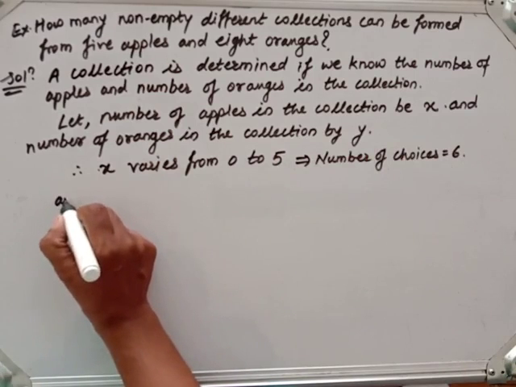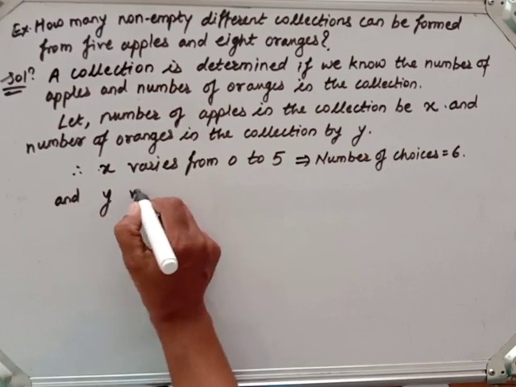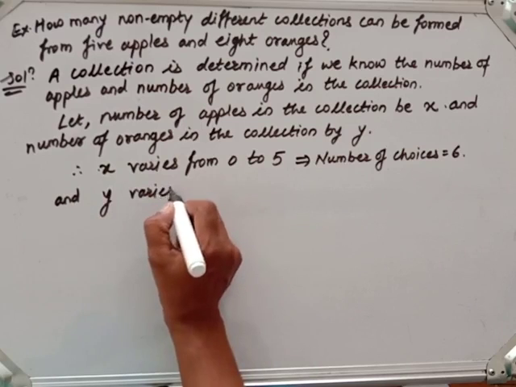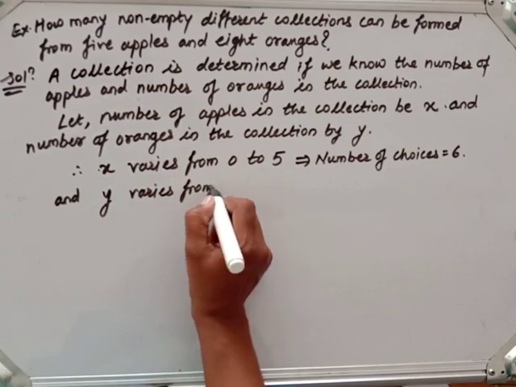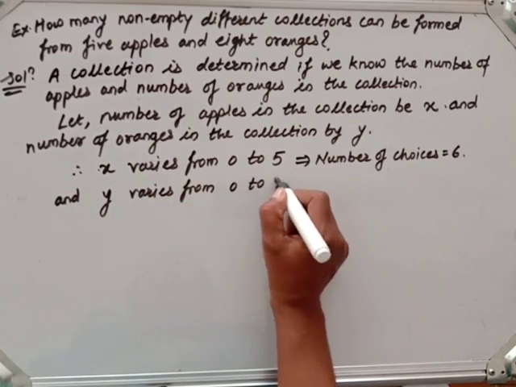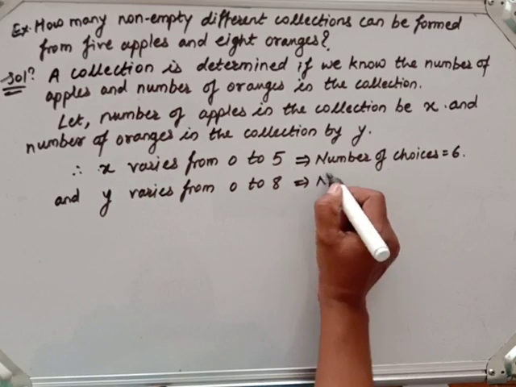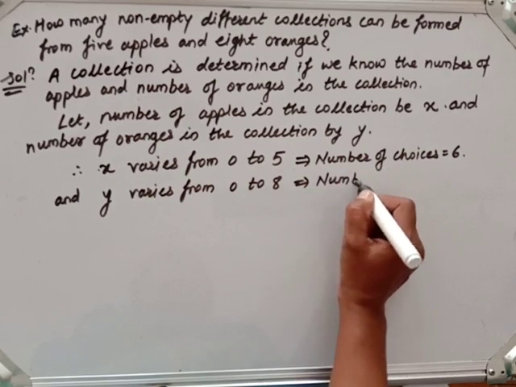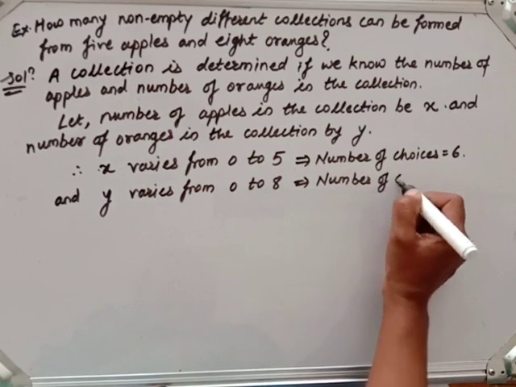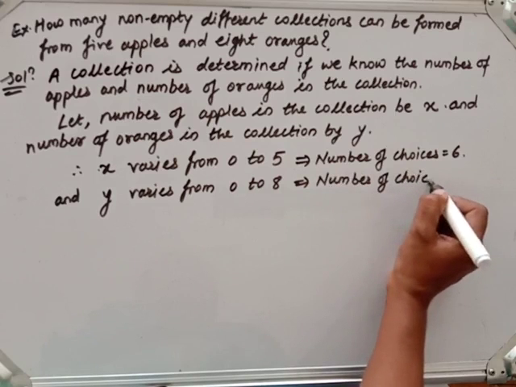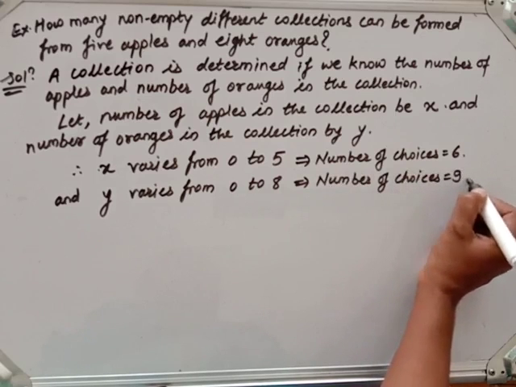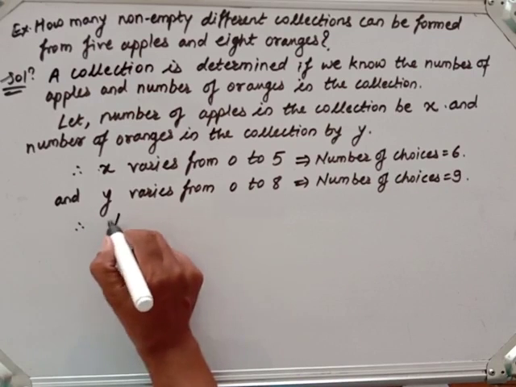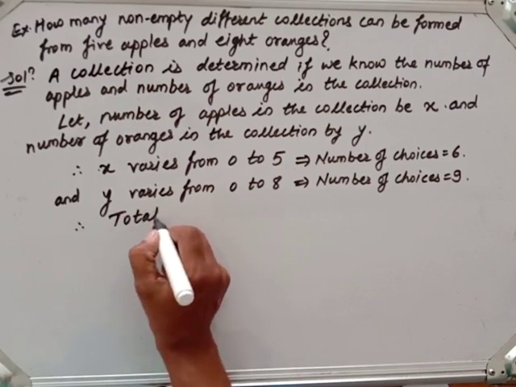And Y varies from 0 to what? 8. So how many number of choices are there? 9. Therefore, number of choices are how many? 9.